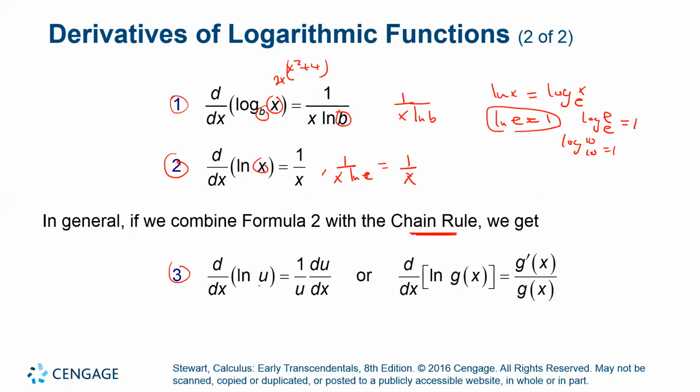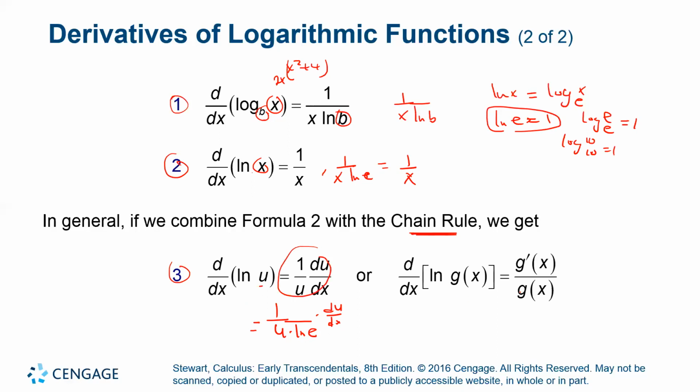If you have the natural log of u, it will be 1 over u, then times the natural log of e, times du over dx. And of course, the natural log of e is 1, so you get this expression right here.